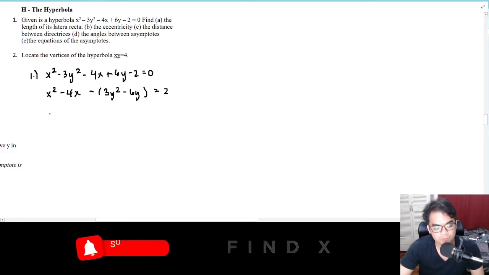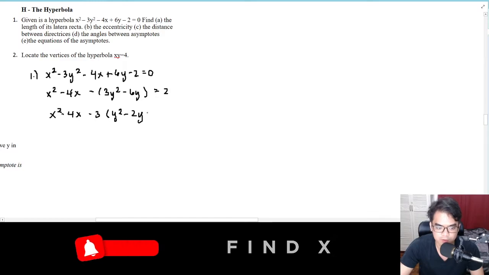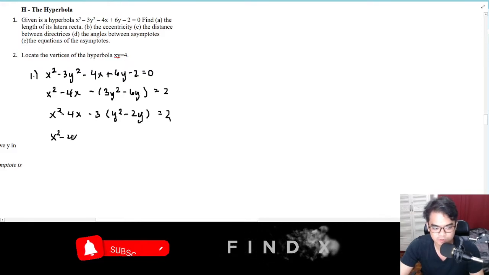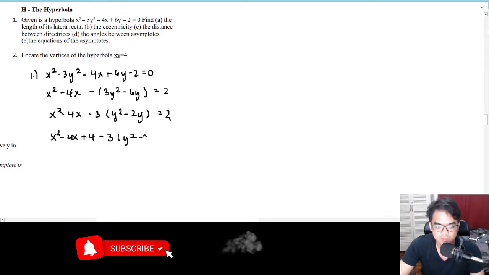So x squared minus 4x minus, you can factor out 3, right? So you'll have your y squared minus 2y equal to 2. Okay, and then let's do completing the square or CTS. So x squared minus 4x plus 4 minus 3 times y squared minus 2y plus 1, right?